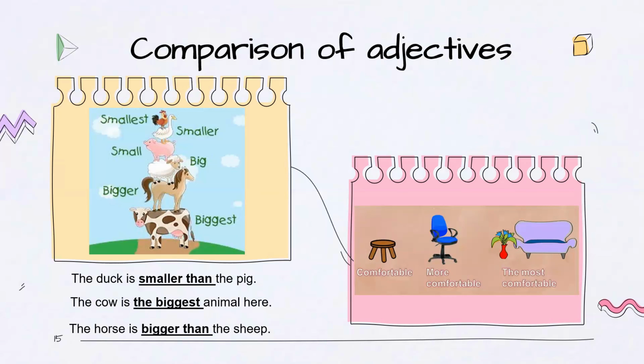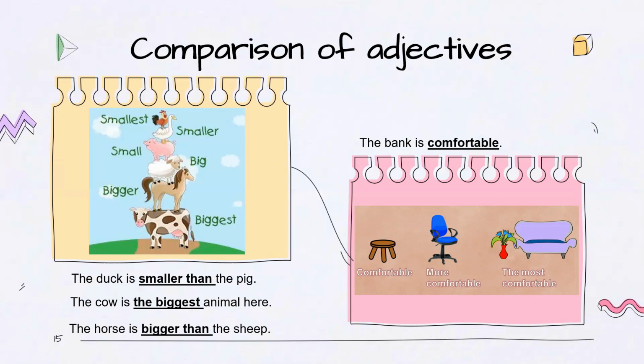Did you have your sentence ready? Let's look at the options. Here we have the bank is comfortable. This is a positive adjective.